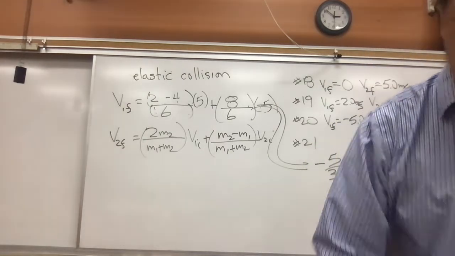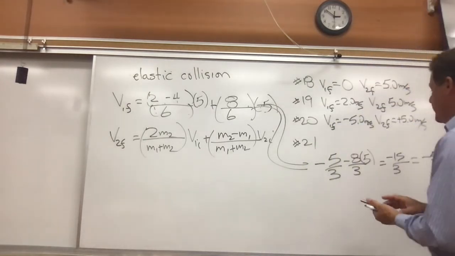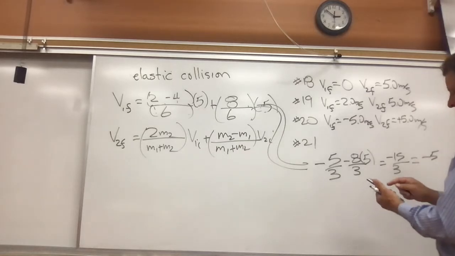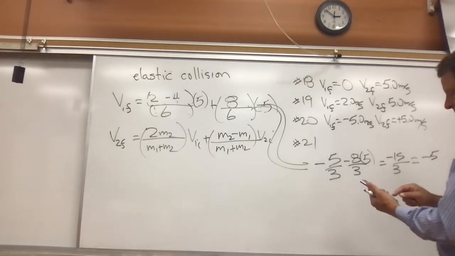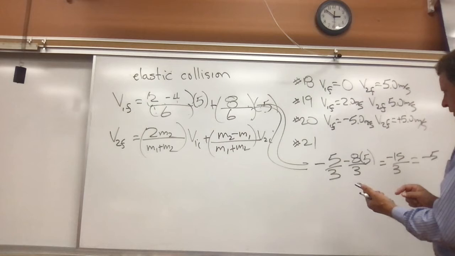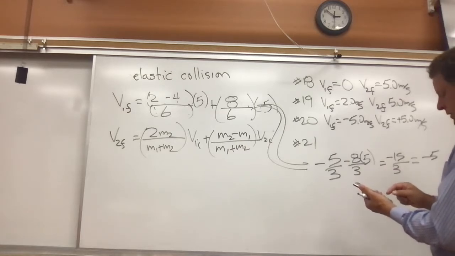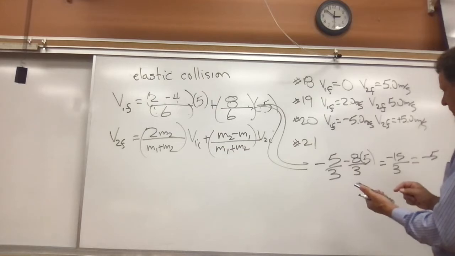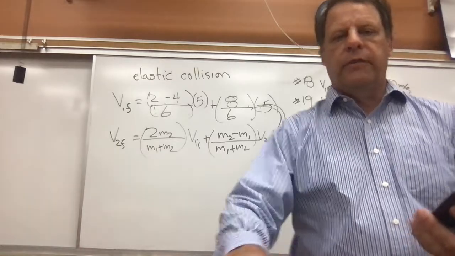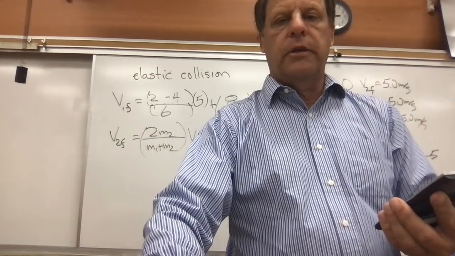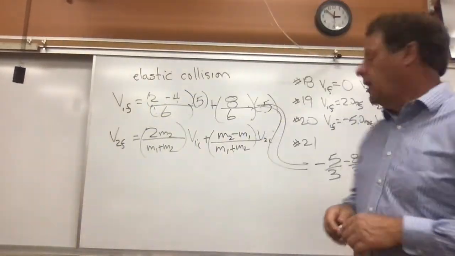And we're going to have, let me see, 5 divided by 3 plus 40 divided by 3 is, all right, let me fix this because something is amiss. All right, I found it.